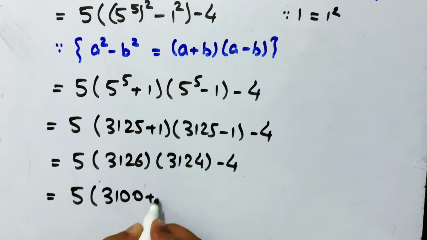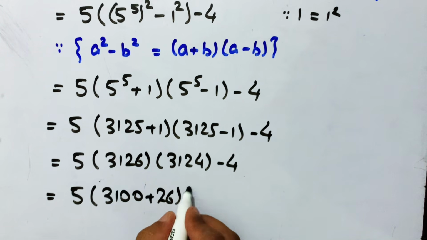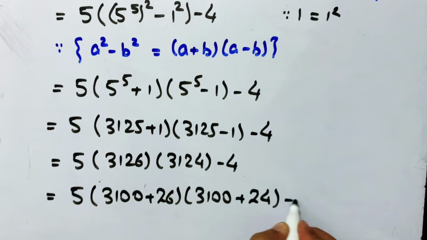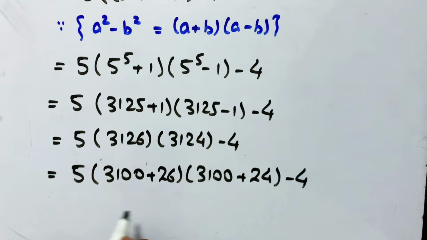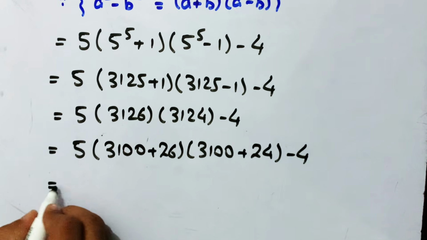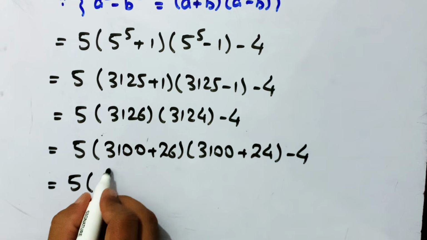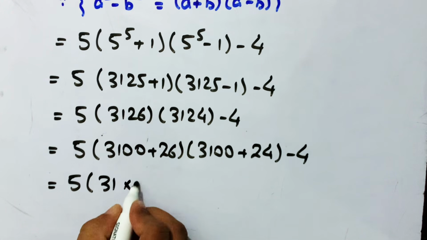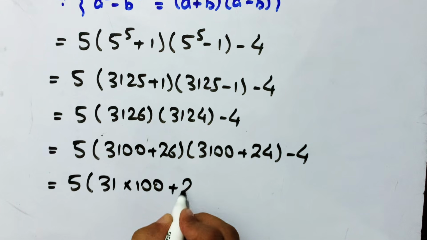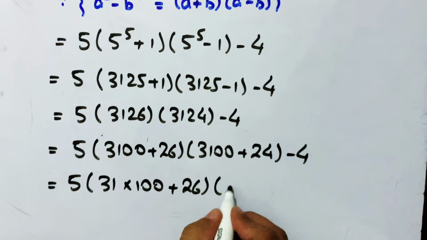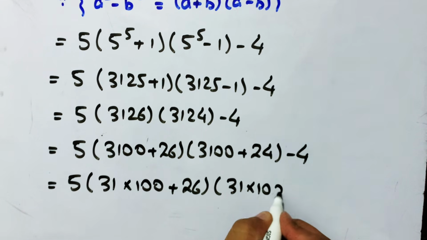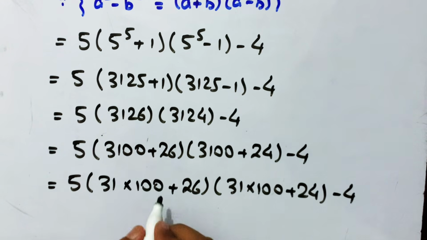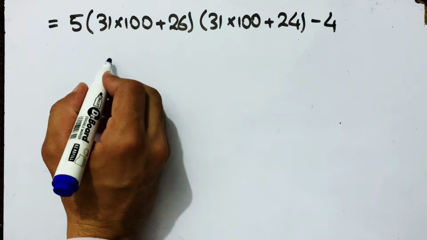Further solving, 3126 is 3100 plus 26, and 3124 is 3100 plus 24, minus 4. 31 into 100 is 3100.